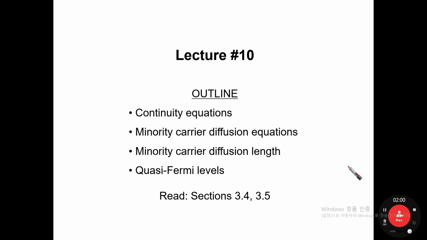Then we're going to wrap up this lecture note number 10 with a brief introduction on quasi-Fermi levels. The corresponding sections in the textbook are 3.4 and 5. So please read all the sentences in those sections.